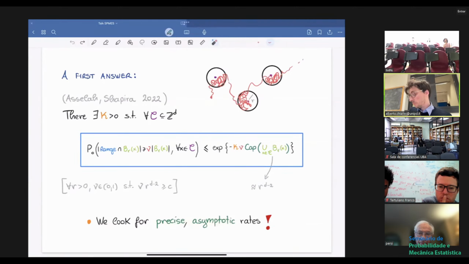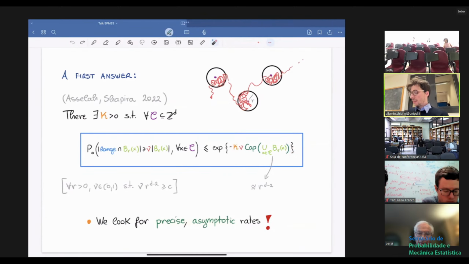And the nice thing about this result is that it is non-asymptotic, but they get some nice constants, the fraction here. And the other important fact is that this probability goes to zero exponentially fast and with a rate which is of capacity order.